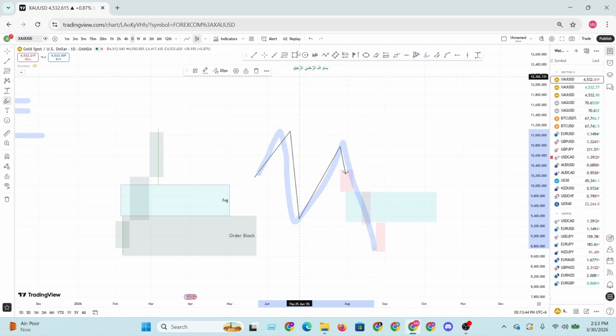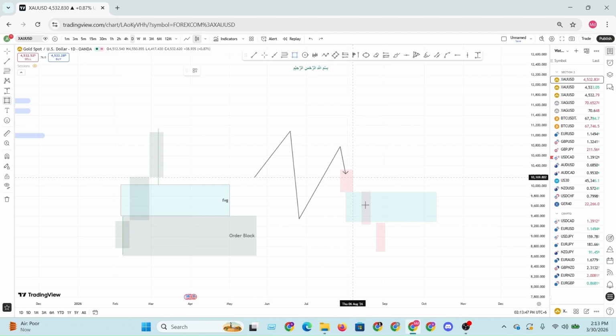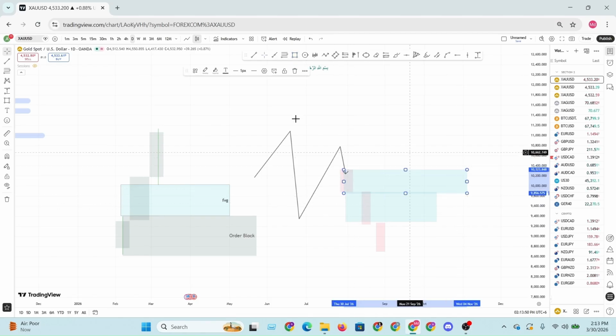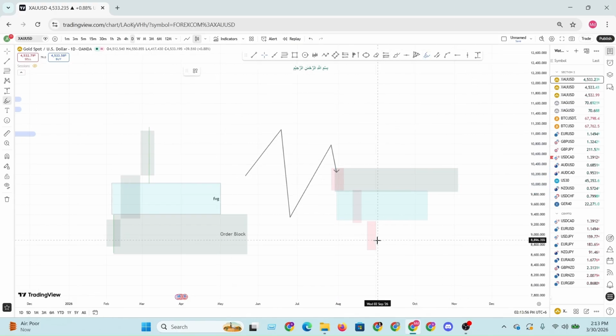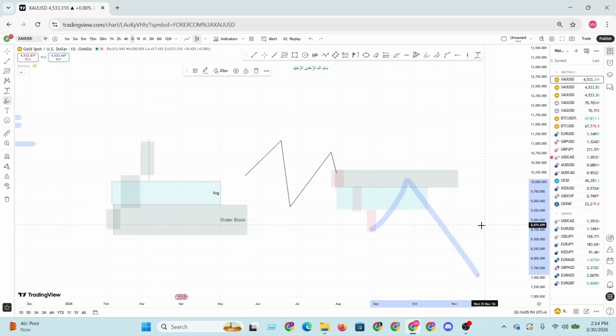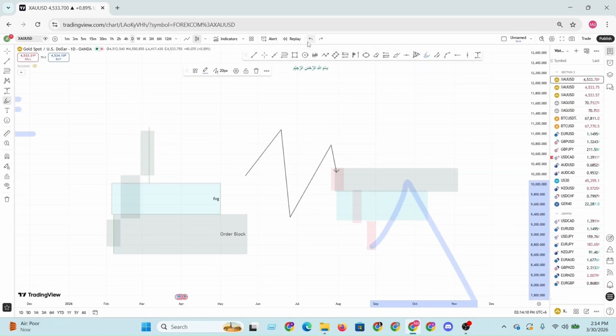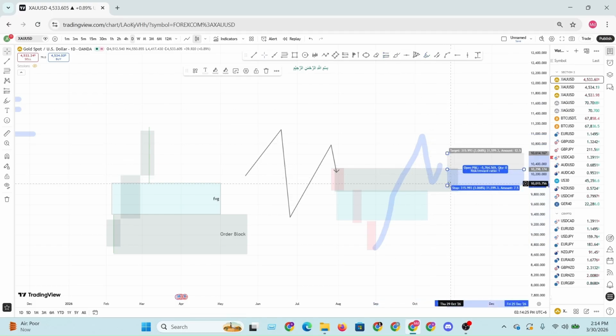You can see this is the FVG and this is the order for selling. Eventually we can see the market will come to this level and move downside. This is what we expect, but sometimes it doesn't work, breaks this level, and comes to retest this level, and from there we can enter our positions.